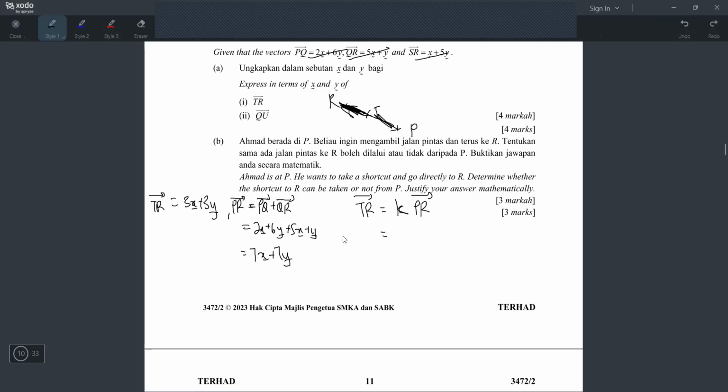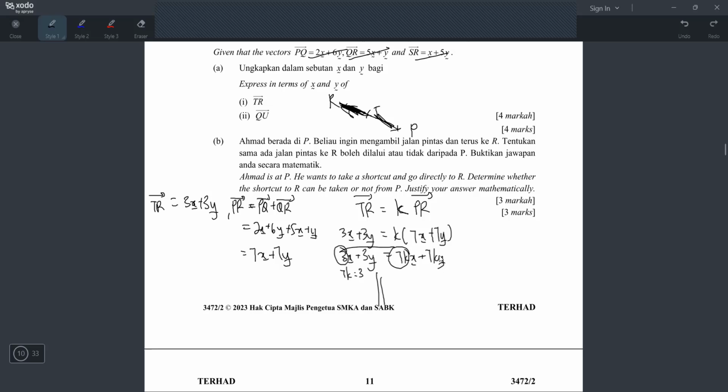Vector TR is 3x plus 3y. What you do is just write it down, and then equals k times PR, which is 7x plus 7y. Now you expand the k, you will get 7kx plus 7ky. This will be 3x plus 3y. Now you compare the coefficient of x and the coefficient of y. So it will be 7k equals 3, because the coefficient of x here is 7k and the coefficient of x here is 3, so you connect them together.